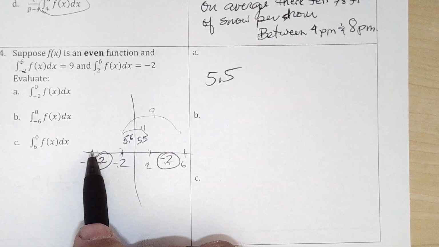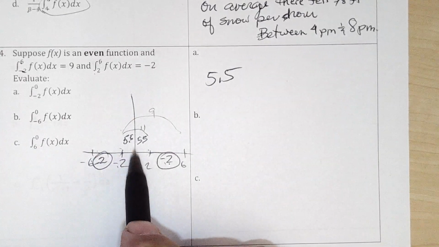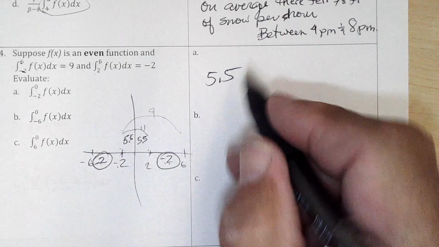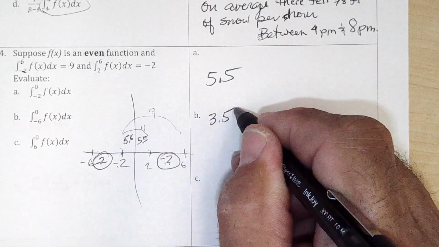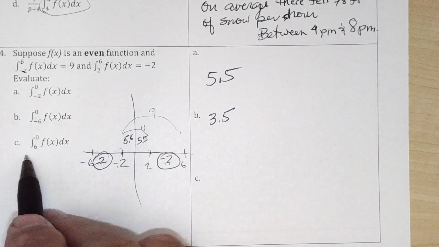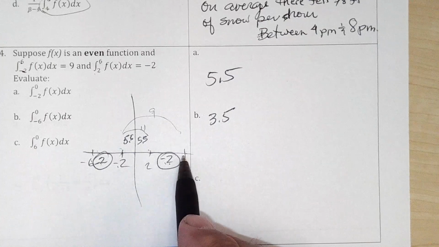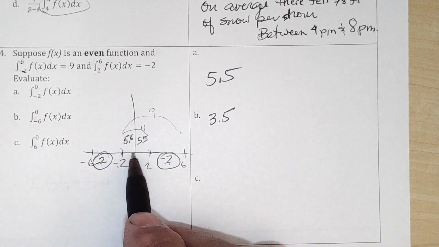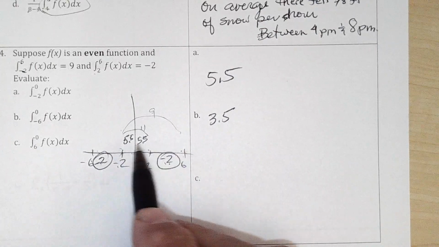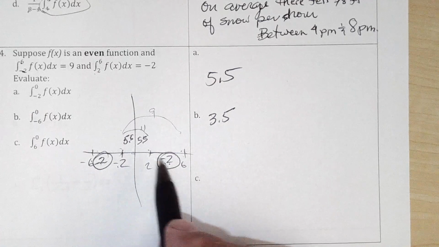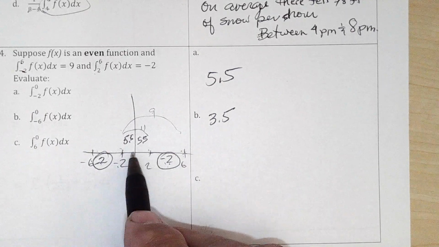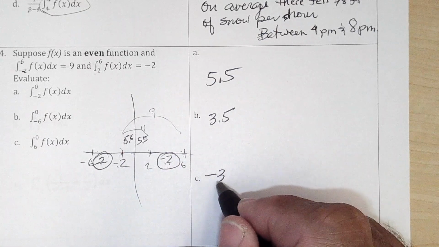From -6 to 0, that's 5.5 and -2, or 3.5. And between 6 and 0, that's going backwards. You're supposed to go 0 to 6. There would be 5.5 minus 2, or 3.5, but it's backwards, so it's -3.5.